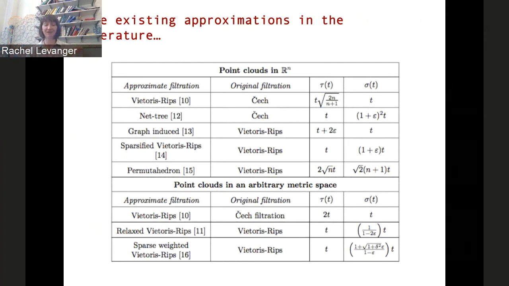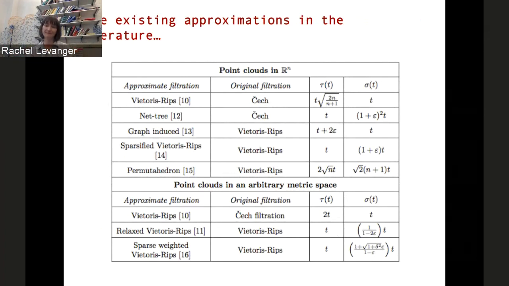So in the application we talked about with the dynamics, we are unfortunately in the space of persistence diagrams. So we were not in a metric space in Rn. I don't even know if the Nerve theorem necessarily applies, but we are definitely down at this other level here, where a Čech filtration in the space of persistence diagrams would be very, very difficult to compute.